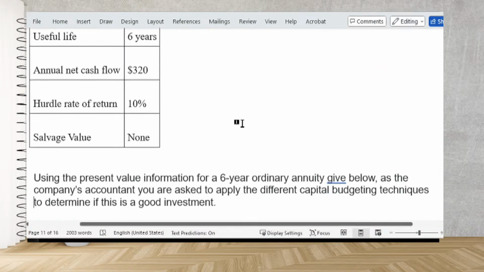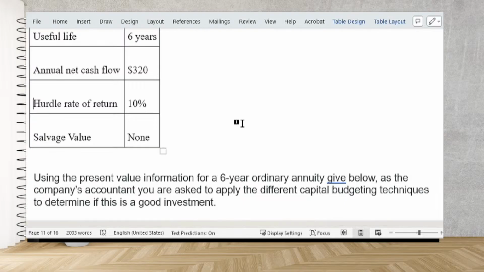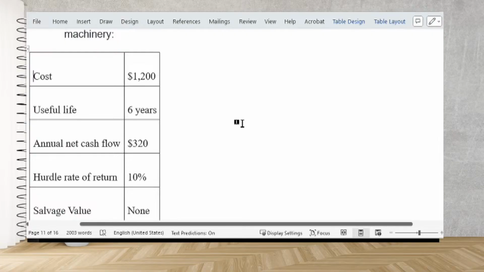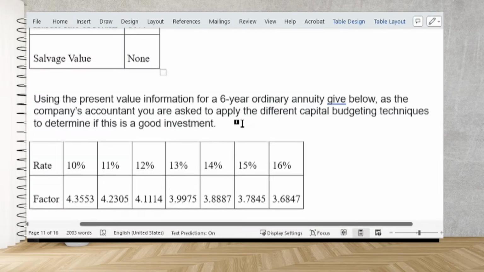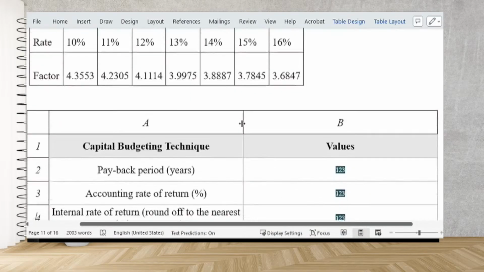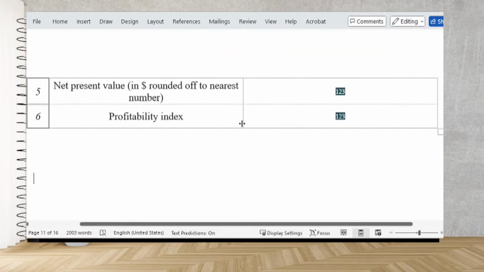Okay. So salvage value they gave, hurdle rate, annual net cash flow, useful life, and the cost, and present value for 6 years. So first we need to calculate the payback period. Payback period we can calculate easily.